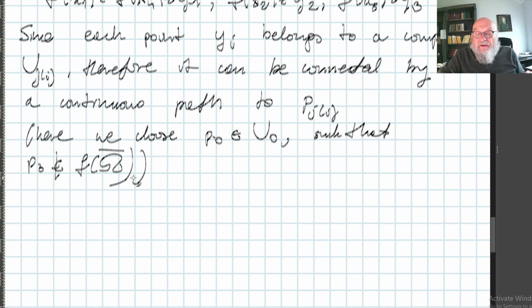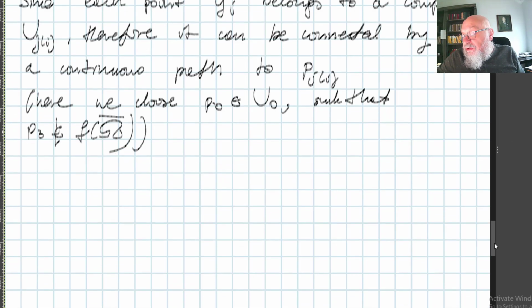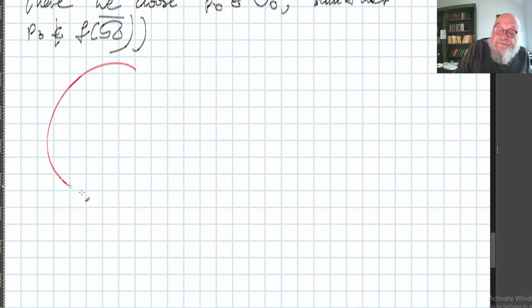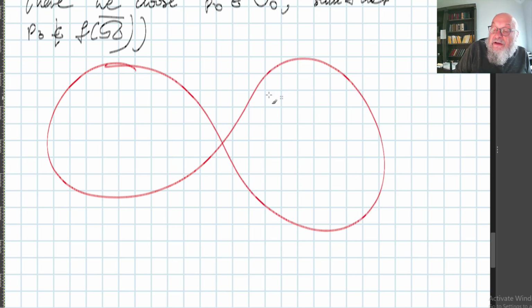So again, let's make a picture showing the situation. Here this is my image. We have U1, U2, and this is my U0. I choose, for example, my points. Here we have P2, this one is P1, and the image is somewhere, so I put P0 here, not in the image.